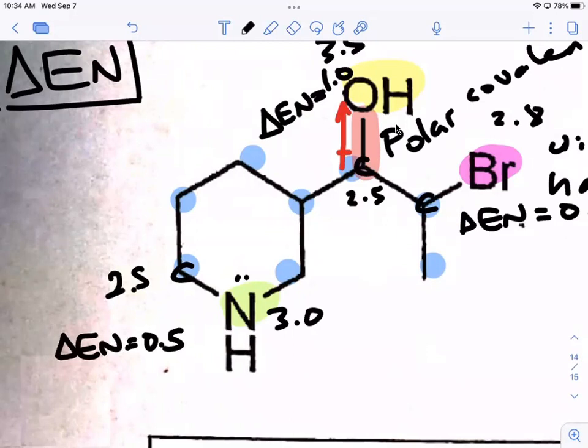So what's the classification? Is it polar or non-polar? Can it be considered both?